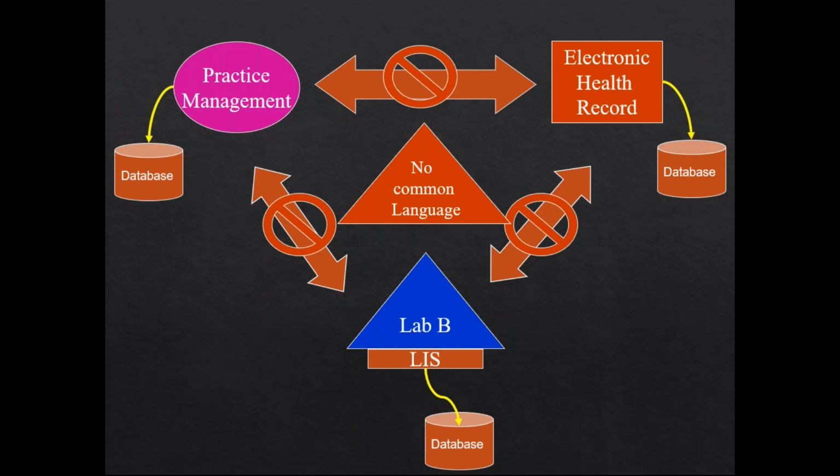So there emerged a common system, a common language, which became a standard, so that they don't need to understand the database architecture of the other side at all. Because the electronic health record understands that language, the lab understands that language, and practice management just needs to encode the data into that specific language.